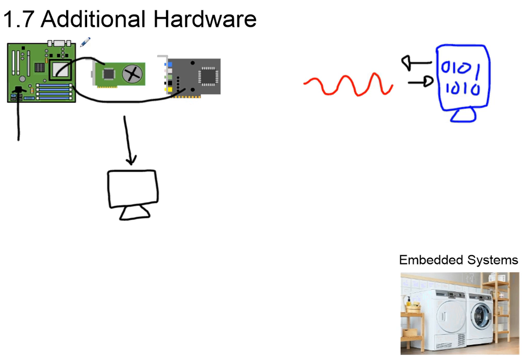The other type is a dedicated expansion card, such as these two here. So a dedicated graphics card and a dedicated sound card. And they're connected in the PCI slots to the motherboard. They have their own memory so that they do not use the computer's memory.